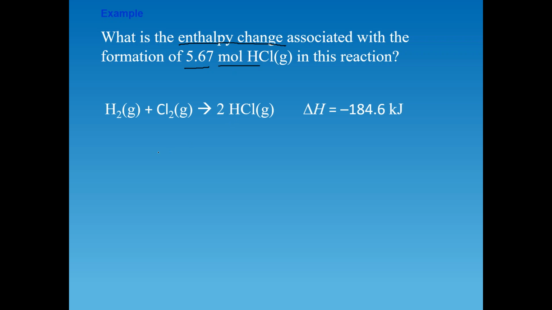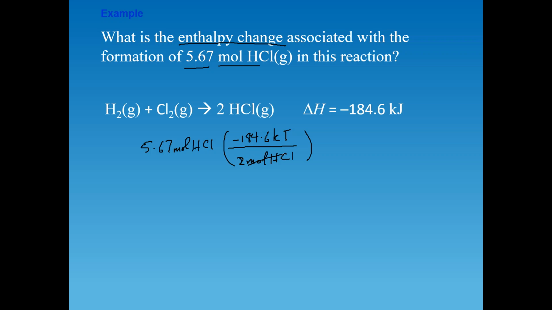So the way I would set this up is that I would start off with the 5.67 moles of HCl, and I would multiply that by 1 mole of HCl above and minus 184.6 kilojoules below. Actually, this should be 2 moles of HCl below here, 2 moles of HCl down here.